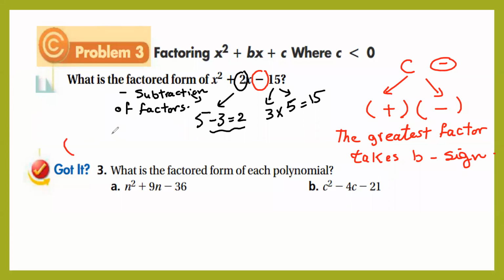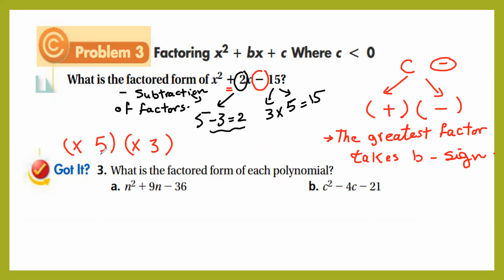So now I will open two parentheses, and the first one will be x, the other one will be x. Here it's 5, here it is 3. Now I'm going to ask myself, what is the B sign? B sign is positive. Okay, let's go back to the rule. The greatest factor takes the B sign.